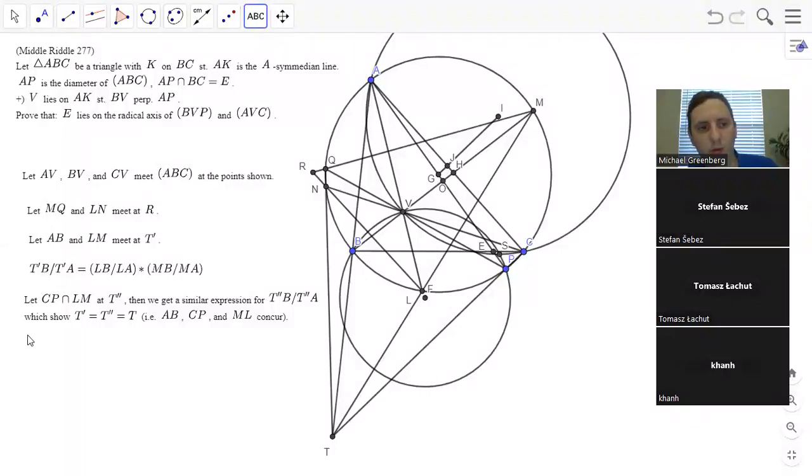But we know that the intersection of line D and PC actually lies on AB, because we already proved that AB, ML, and PC are collinear.